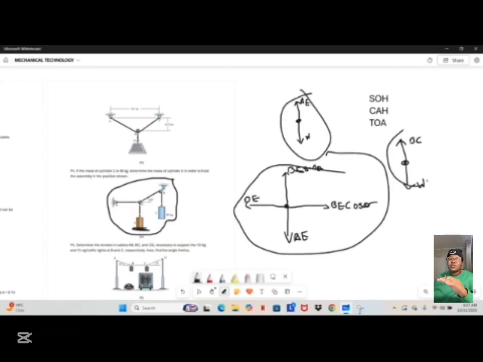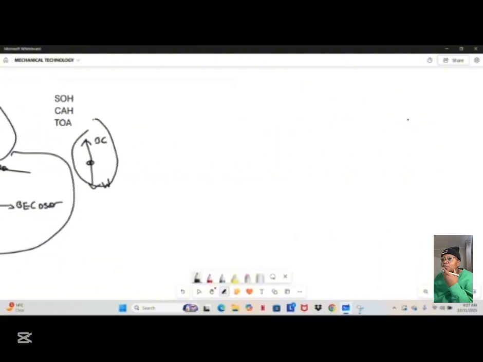We're not gonna work with the horizontal forces because we have nothing with the horizontals. So we know that weight is equal to mass times gravitational acceleration. Okay, so this is what's gonna happen. As you know, CB minus W is equal to 0, and then BC is equal to 392. Do you understand? Yes. So let's proceed.